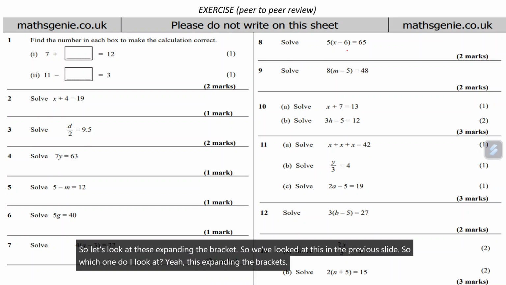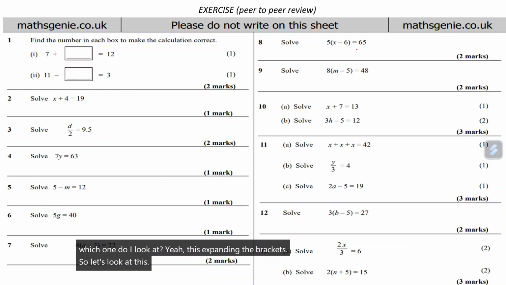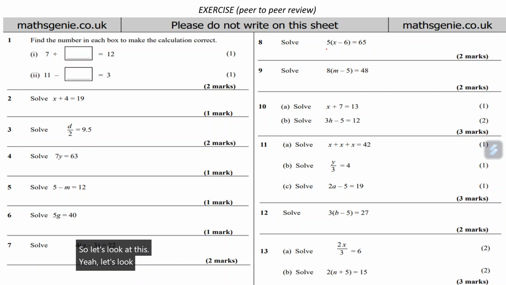So let's look at this. That becomes 5 times x, so that should be 5x, then 5 times minus 6.